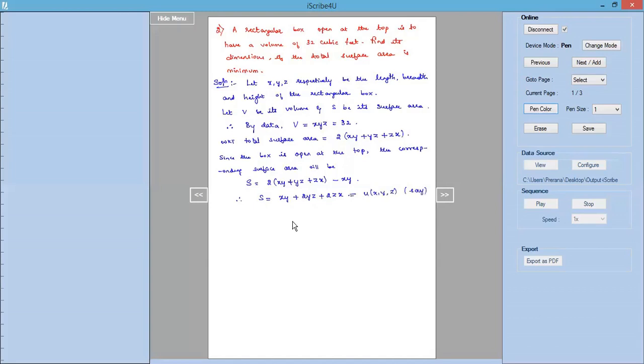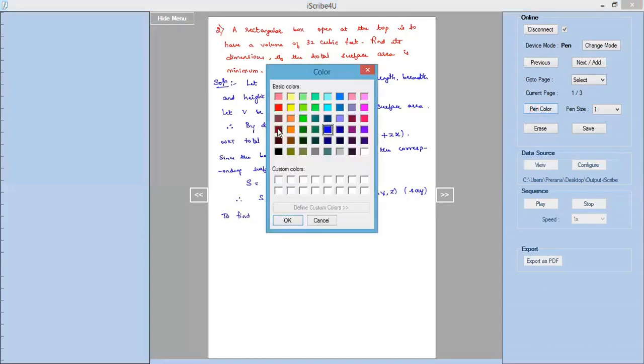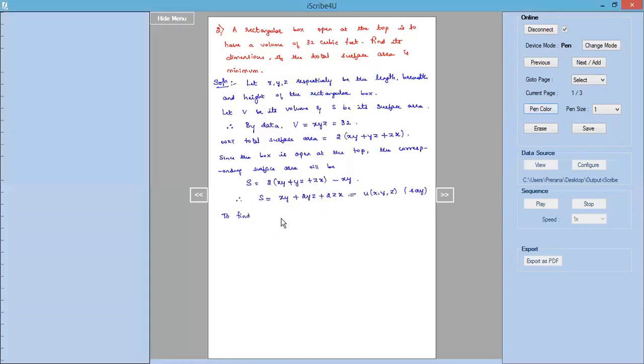So now we can write down that our aim is to find x, y, z such that S is minimum, subject to the condition xyz equal to 32.